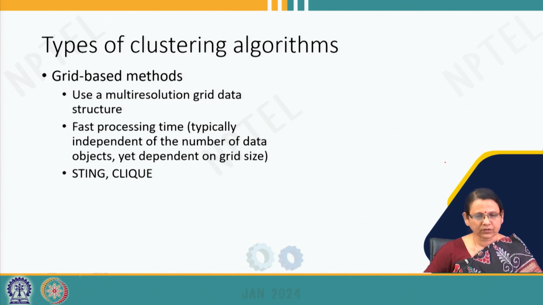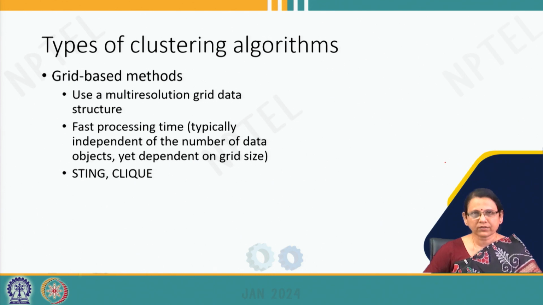Then the next one is your grid based approach. In case of grid based approach, you can have the data with a higher resolution, in the sense you can think of processing it in a higher dimensional space.